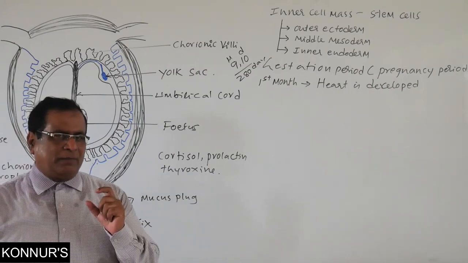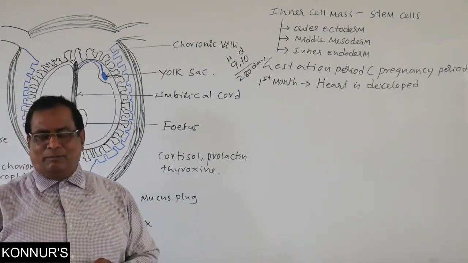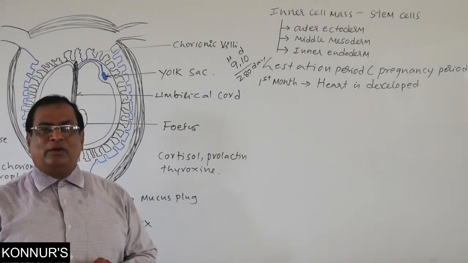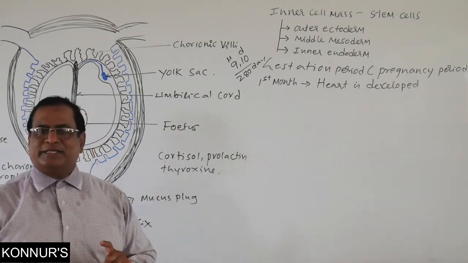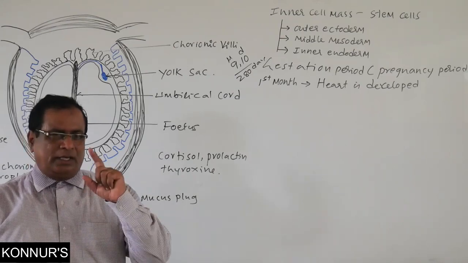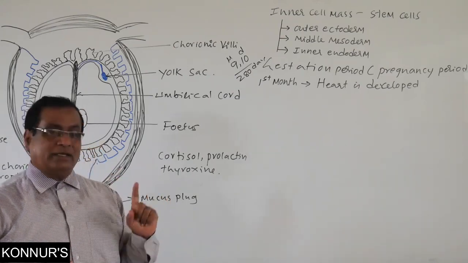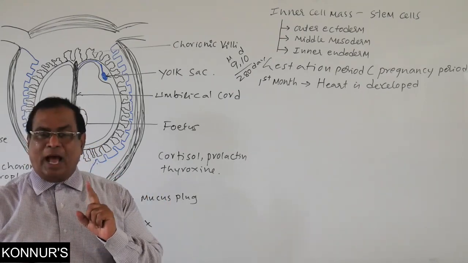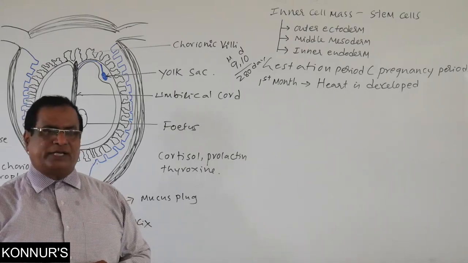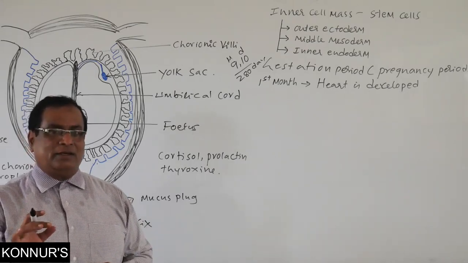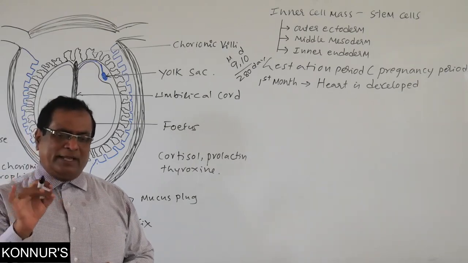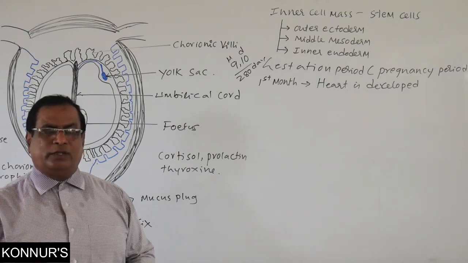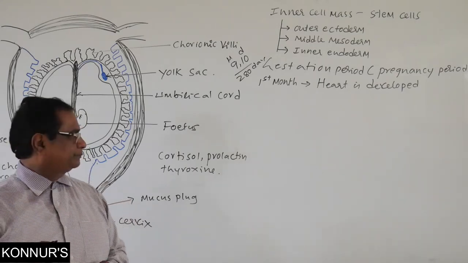By that heartbeat sound, they confirm that the pregnancy is achieved, because in the first month there is development of the heart. That's why doctors hear a mild heart sound of the embryo by placing a stethoscope on the belly of the mother.